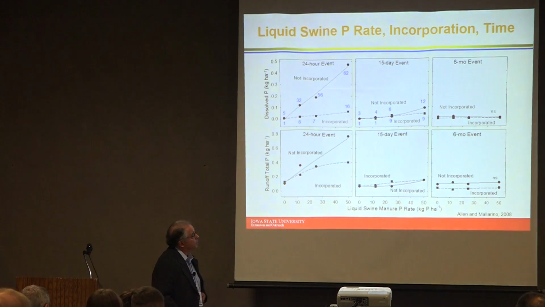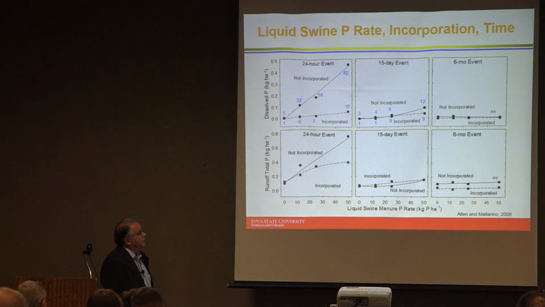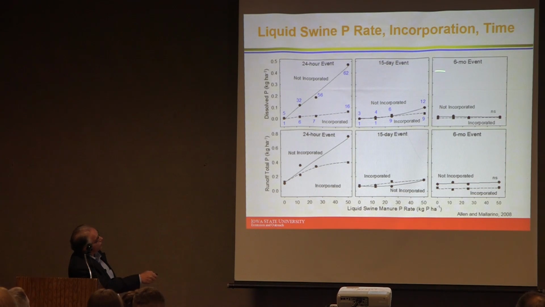This is an experiment from years ago. This is swine manure at different rates. We have dissolved phosphorus here, total phosphorus here. We have incorporated and non-incorporated, with runoff created within 24 hours of application, 15 days later, or 6 months later.